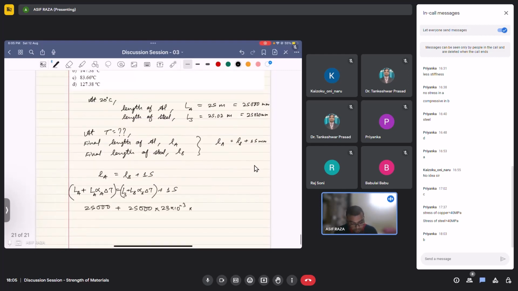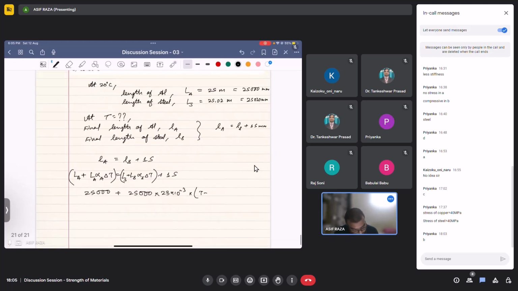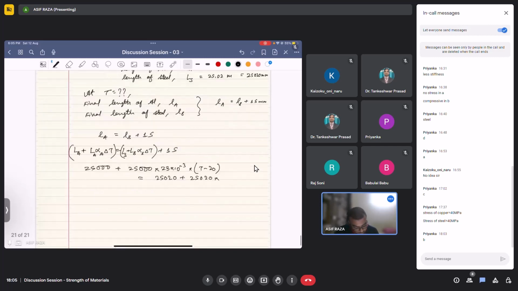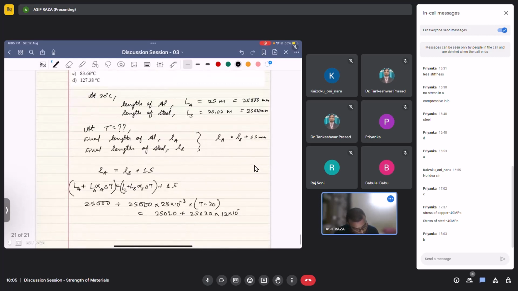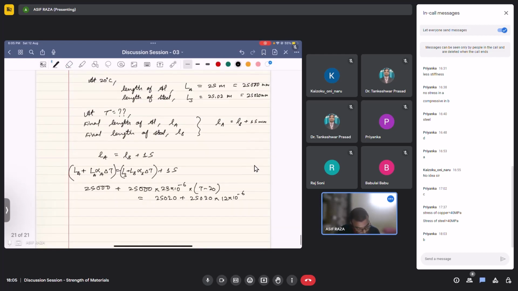If I take this temperature as T, delta T would be T minus 20, and this should be equal to 25020 plus 25020 into alpha steel, 12 into 10 power minus 6, into T minus 20, plus 15.